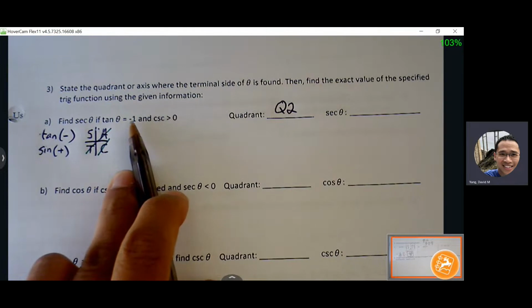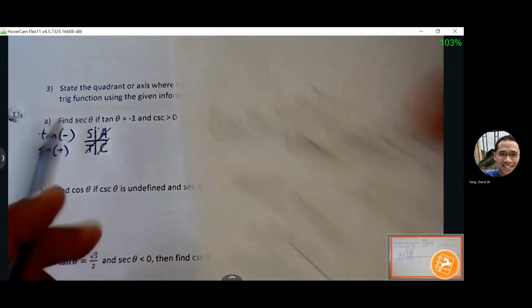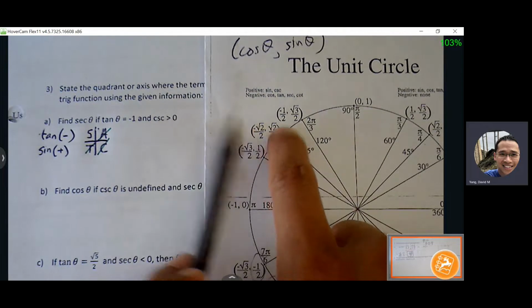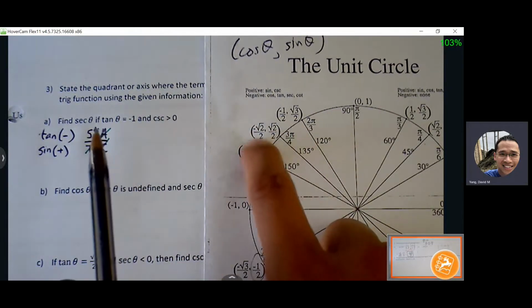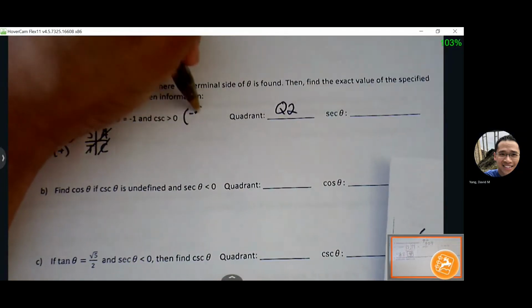Now, if you look at your unit circle, tangent only has a chance of being a 1 or a -1 if numerically they're the same, right? So I know that's going to be involved with this -√2/2. So I know that's my ordered pair.